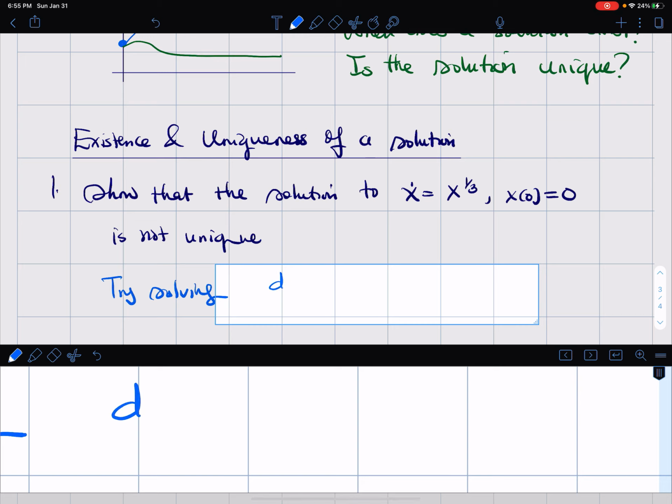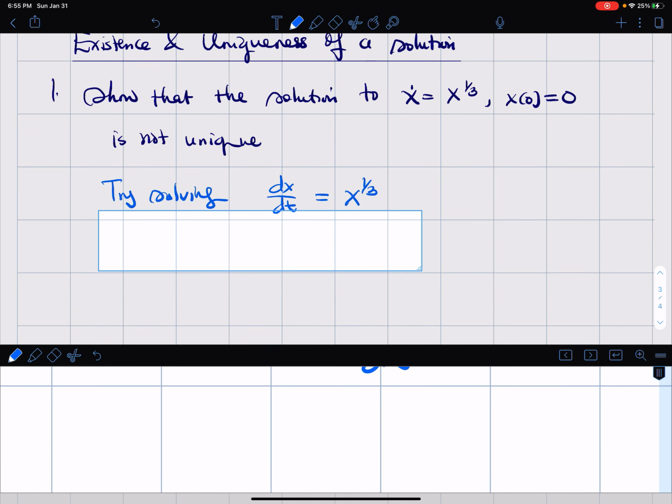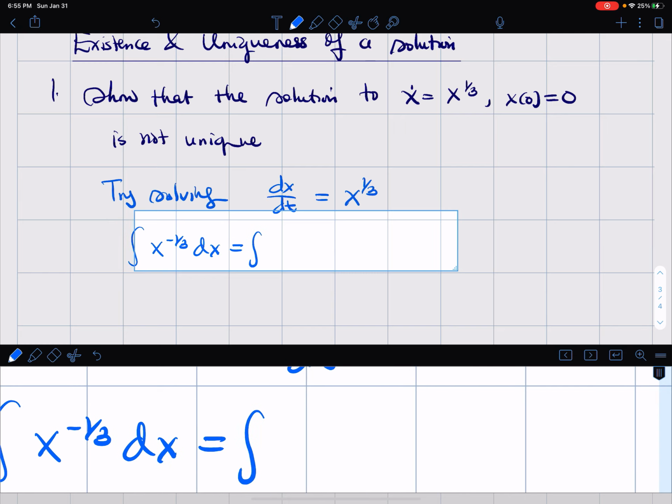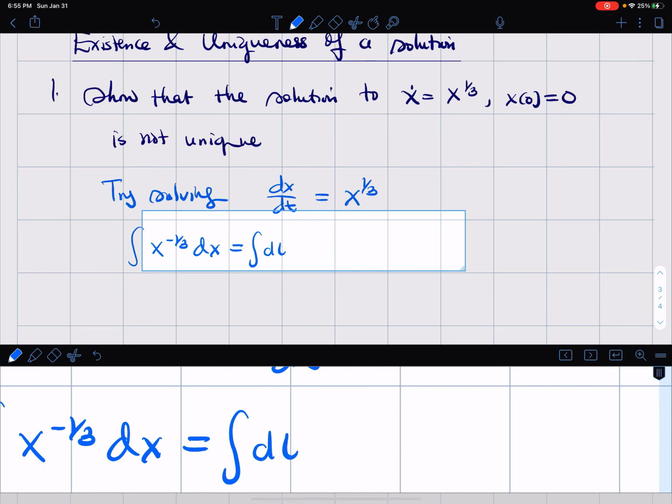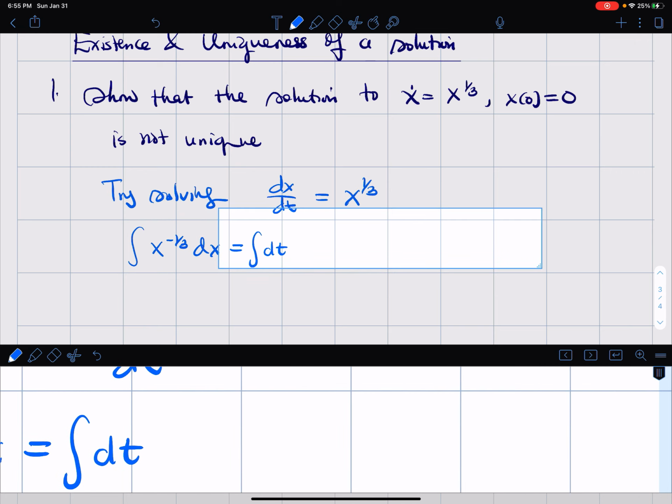So this is dx/dt equal to x to the power of 1/3. This is separable. So this means x to the power of negative 1/3 dx is equal to dt.